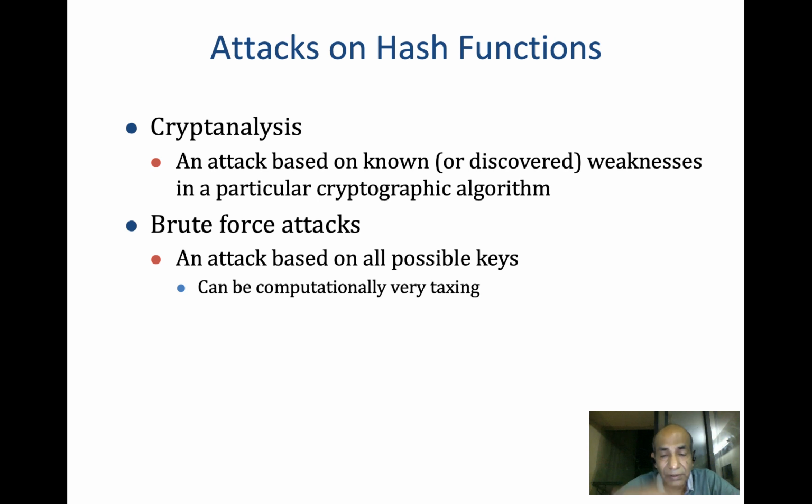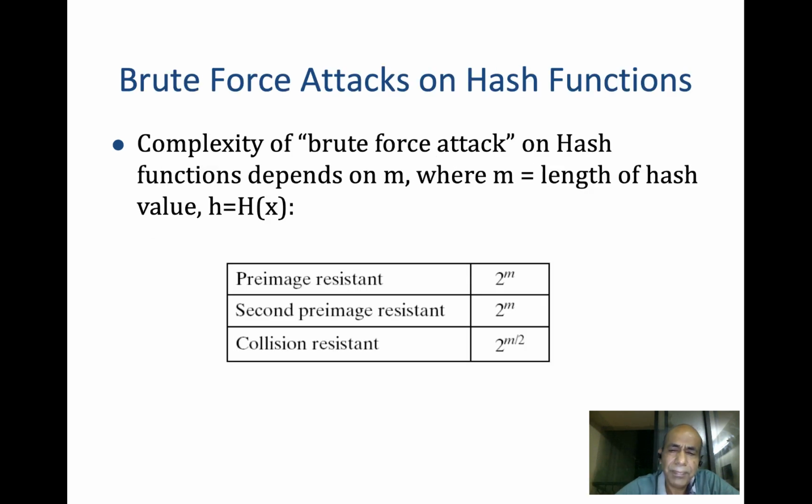All right. So essentially, the brute force method works, but if the value of n is large, then it is extremely difficult to break the hash function. Okay. Here we take m as the length of the hash value, which is the output of a hash function.